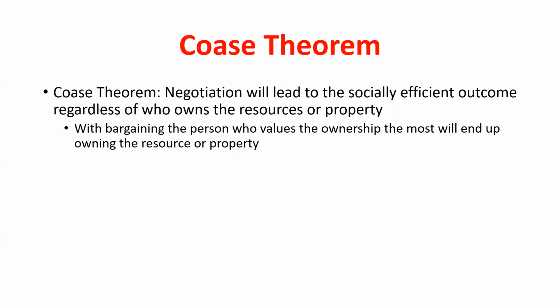So the Coase theorem says, regardless of who has property rights, the individual who values the good the most will be the one that ends up with it. So if we allow people to bargain back and forth, it doesn't matter who starts out with the good, whoever values it the most will end up with it because they'll be the person who's willing to pay the most for it.